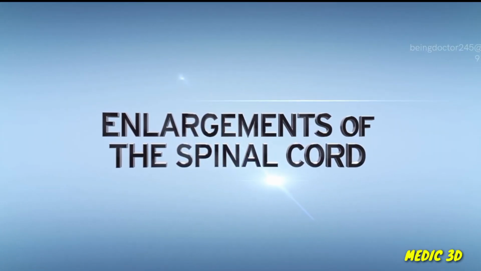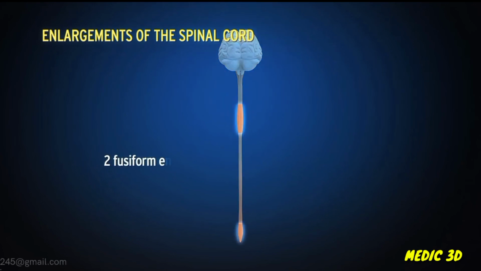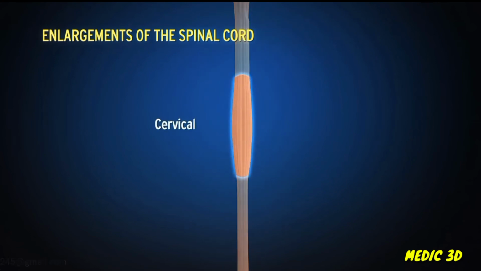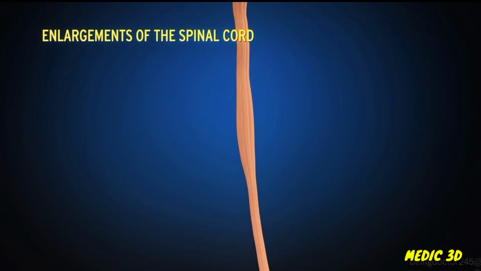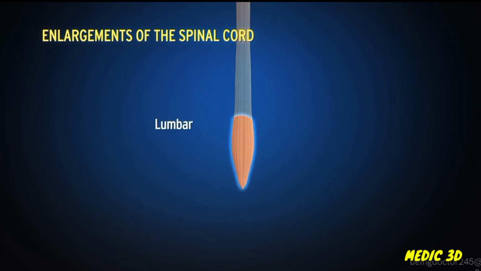Enlargements of the spinal cord. The spinal cord presents two fusiform enlargements. One is the cervical and the other is the lumbar.